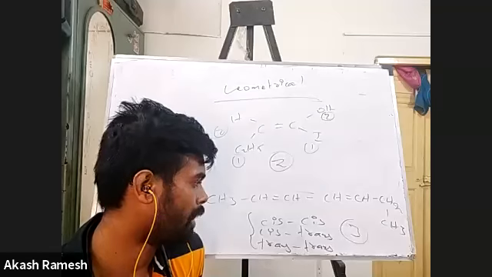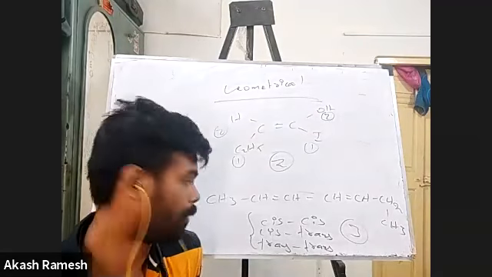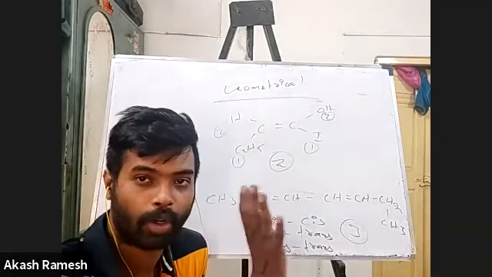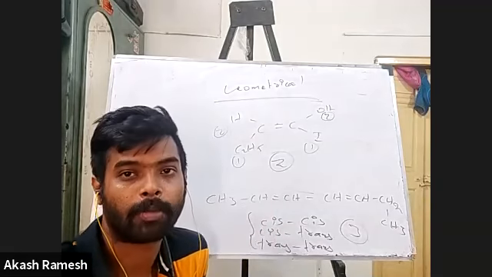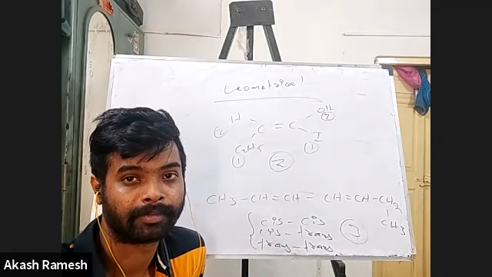Just think, if you can understand the previous one, what else will come extra? Obviously, these three are already possible, no doubt. Other than that, what is one more possibility? Trans, cis, sir. Exactly right.